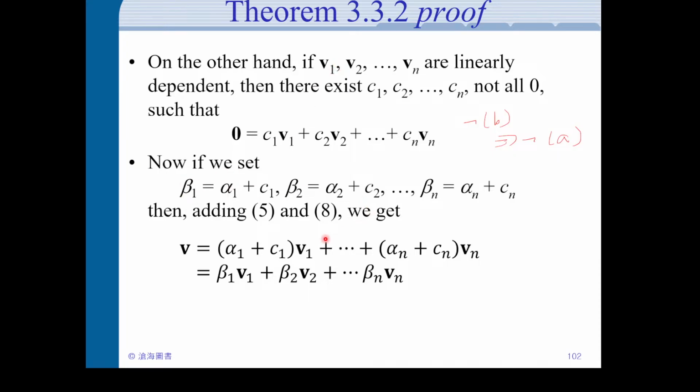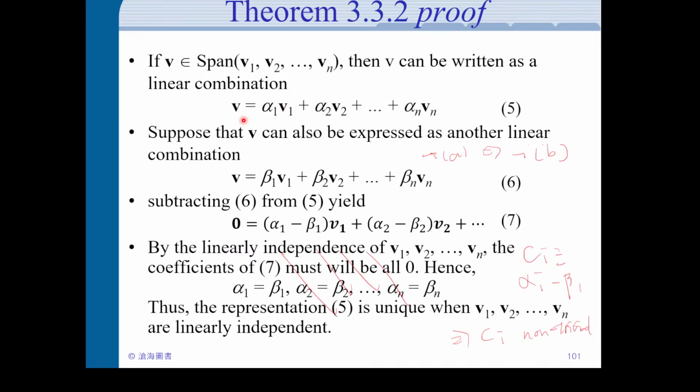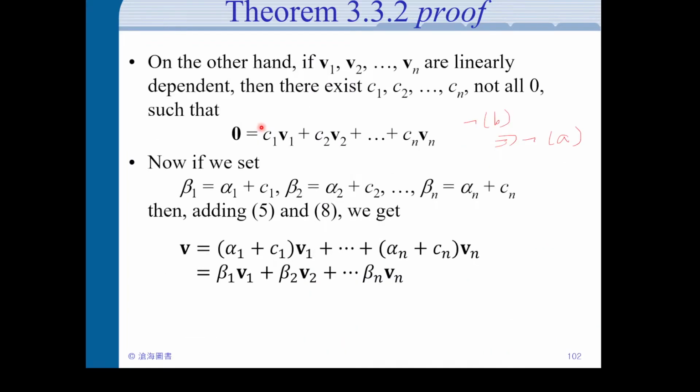If v equals some alpha linear combination, then we can find another beta linear combination, with beta equal to alpha plus c.